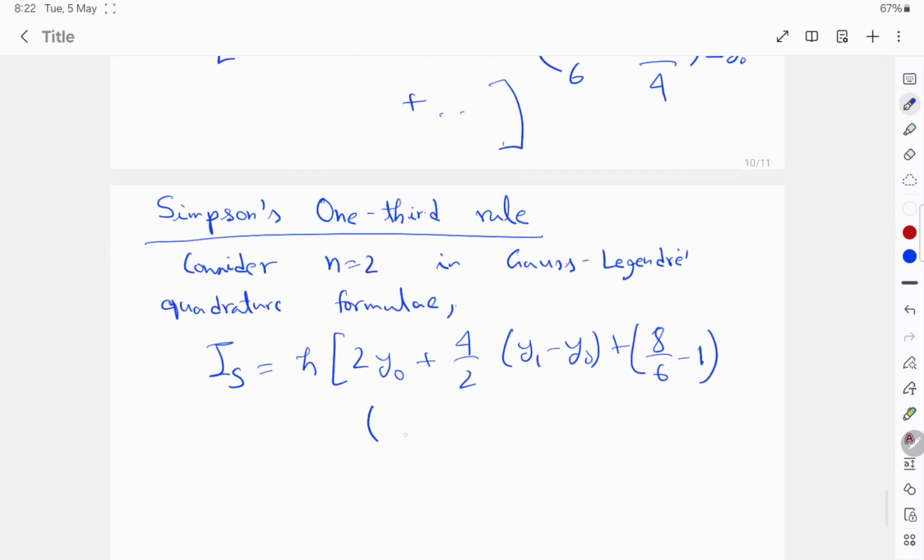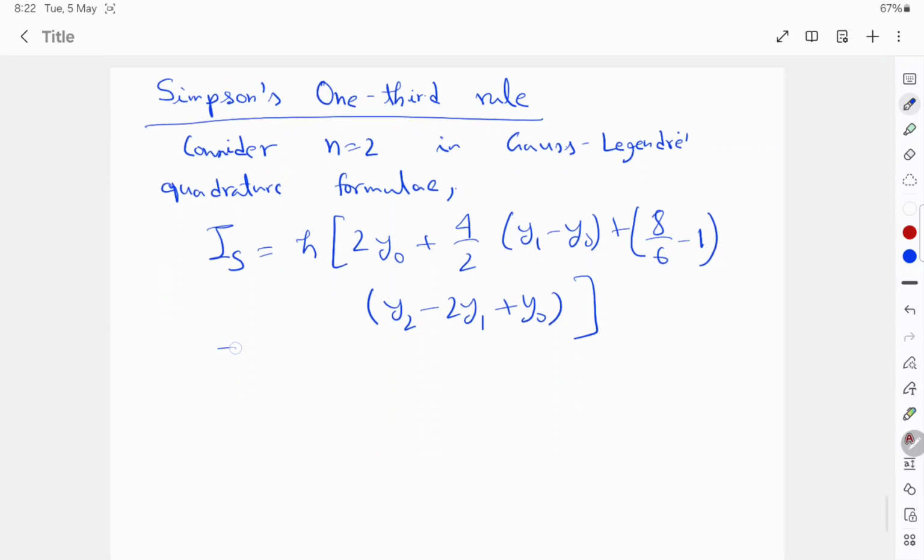Delta square y0, I think we did earlier, is y2 minus 2y1 plus y0. Or you can do it using delta y1 minus delta y0, substituting the value of delta y1 minus y0, so y2 minus y0. In this way you will get this.